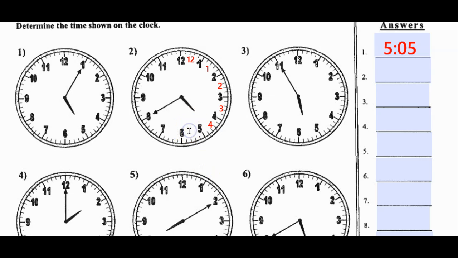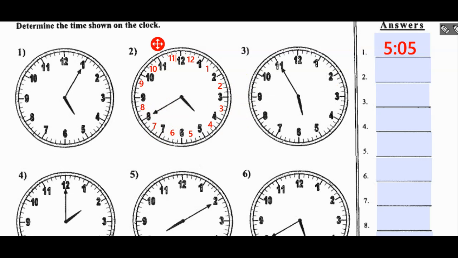Between 5 and 6 is 5. Between 6 and 7 is 6. Between 7 and 8 is still 7. Between 8 and 9 is still 8. Between 9 and 10 is still 9. Between 10 and 11 is still 10. And between 11 and 12 is still 11.